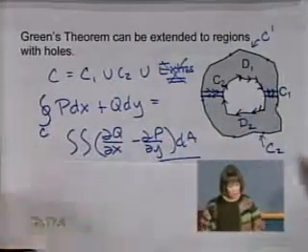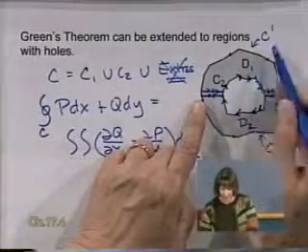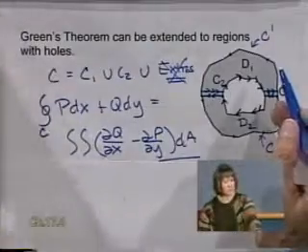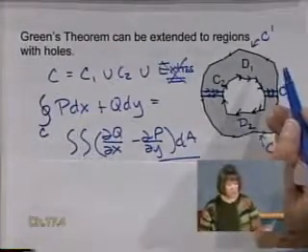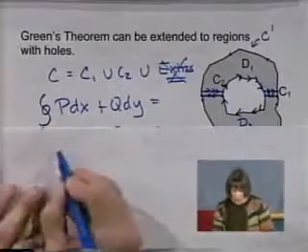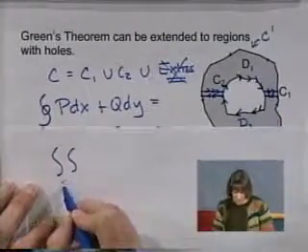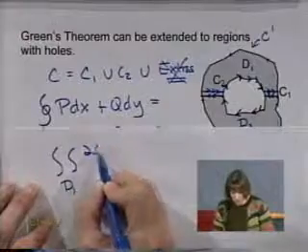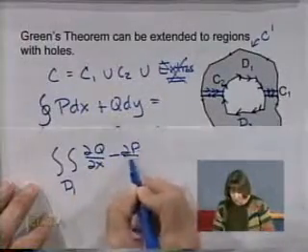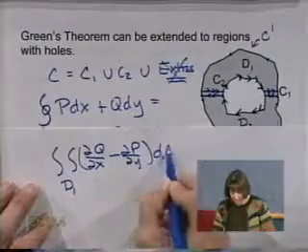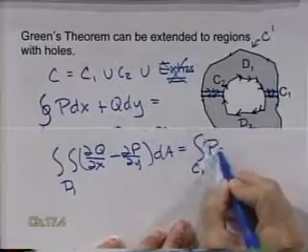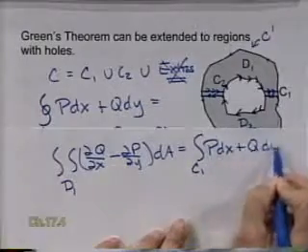Now, I think you will agree that this top half, which I'm calling D1, satisfies what Green's theorem says. We've got a piecewise smooth curve, a simple closed curve. Therefore, the integral over D1 of partial of q with respect to x minus partial of p with respect to y dA will equal the integral along C prime of p dx plus q dy.